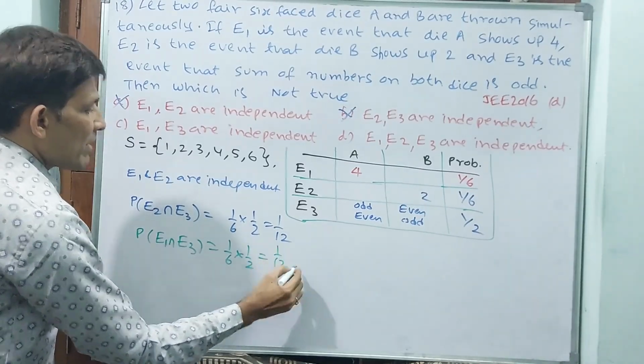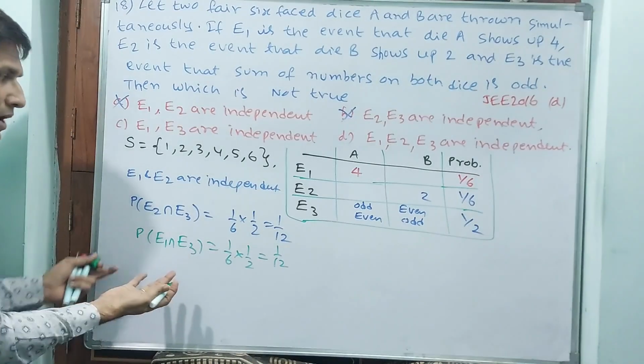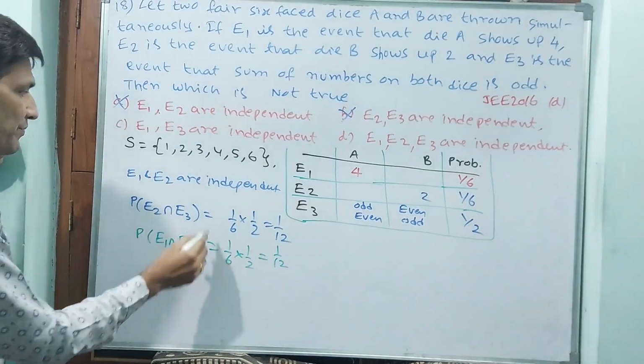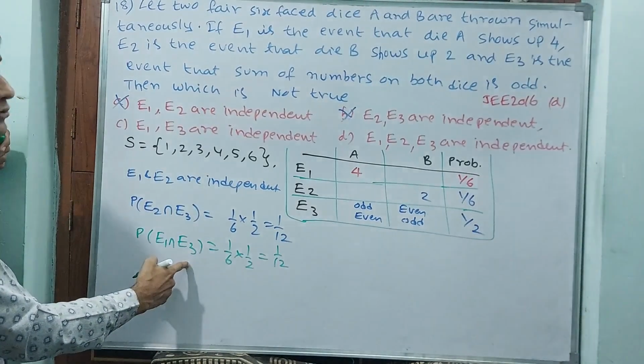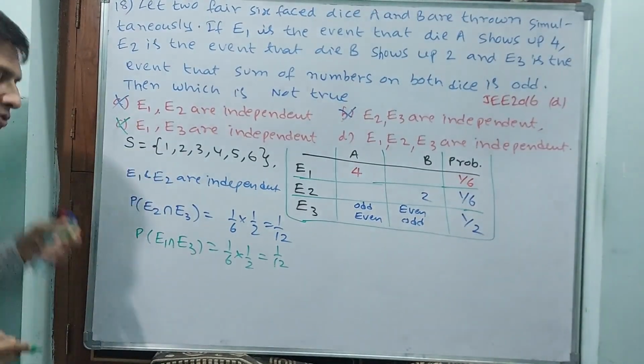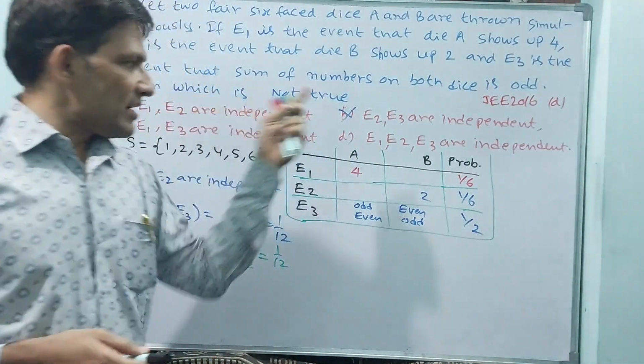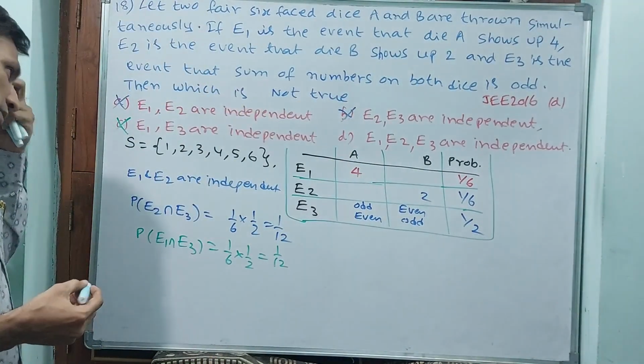That means again 1 by 12. These are independent. That means E1 and E3 are also independent. Correct, but not false. That is why you have closed this option. You are left with only one option. This is the correct answer, or else I am going to show you how it happens.